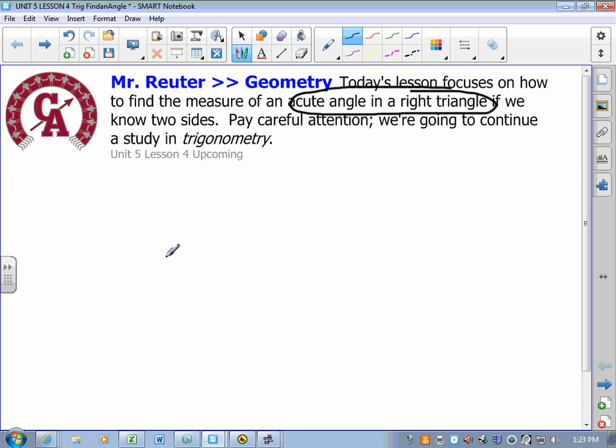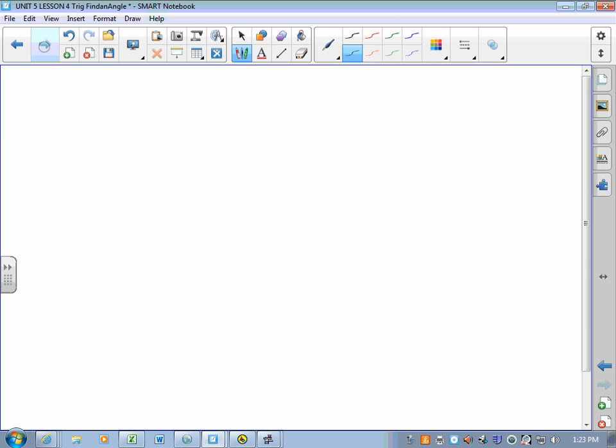Because, see, in yesterday's lesson, we took a look at how to find a side. But in today's lesson, we get to take a look at how to find an angle. So permit me the following.